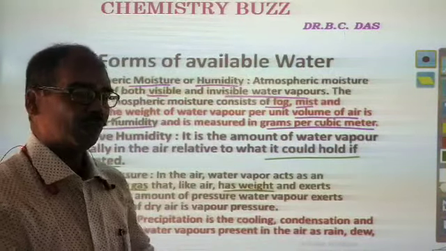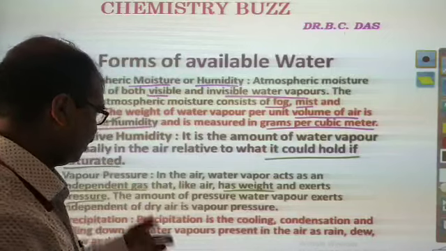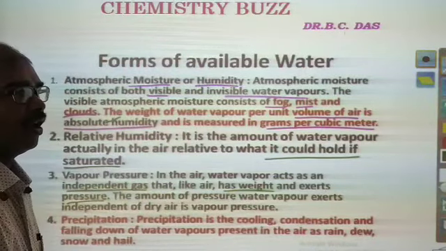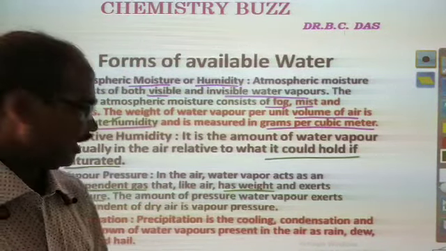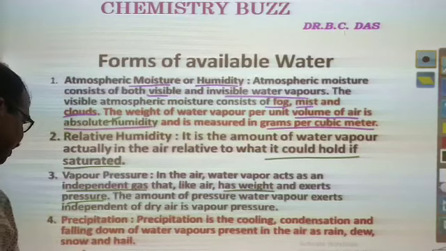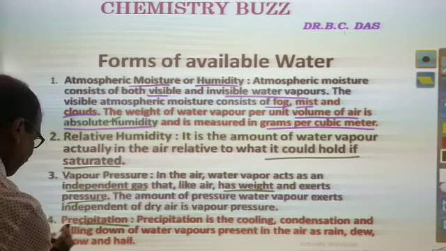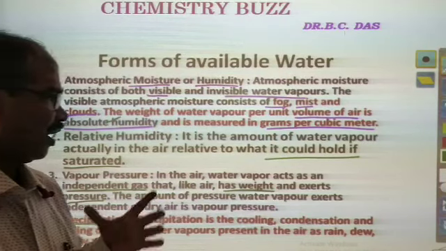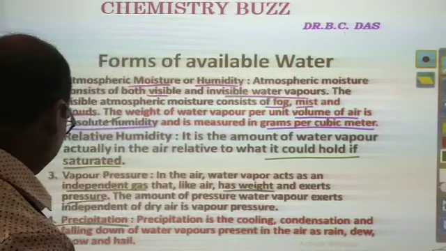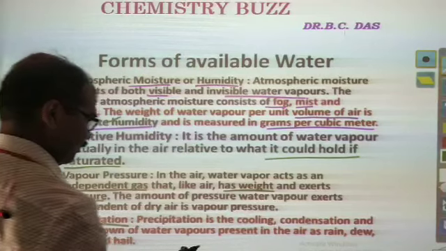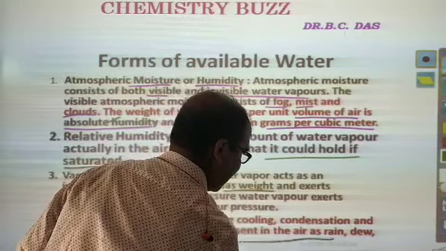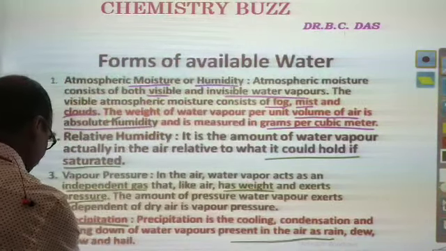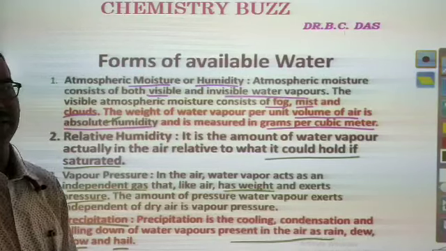The pressure due to water vapor in air is called the vapor pressure or aqueous tension. Then precipitation is the cooling, condensation and falling down of water vapor present in the air as rain, dew, snow and hail.